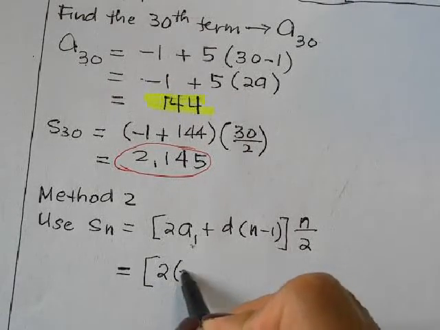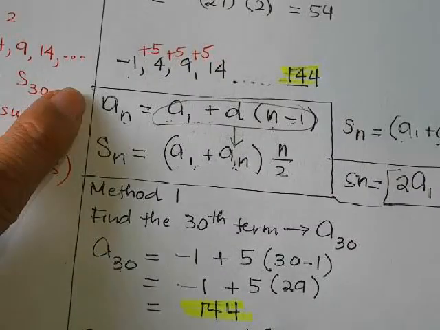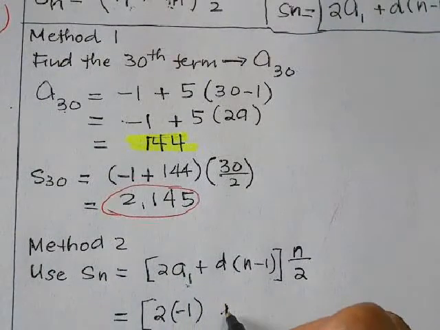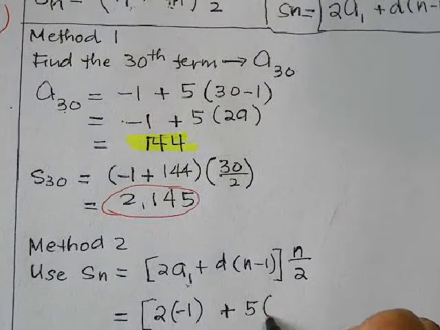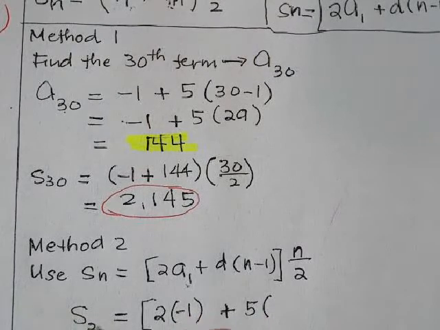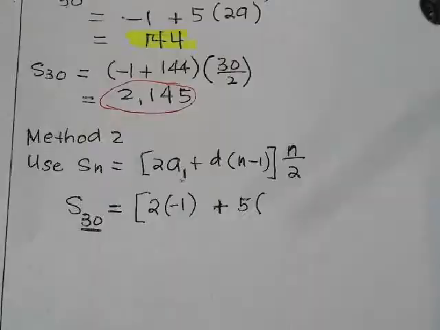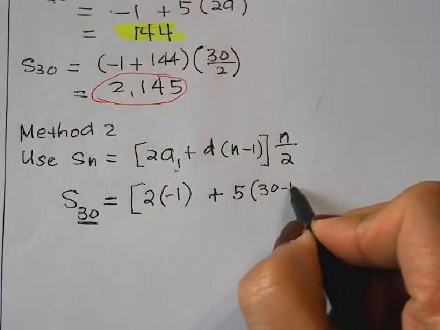2 times a sub 1, which is negative 1, that's the first term, plus d, which is 5, times n minus 1. This is S sub 30, so our n is 30. So this will be 30 minus 1.